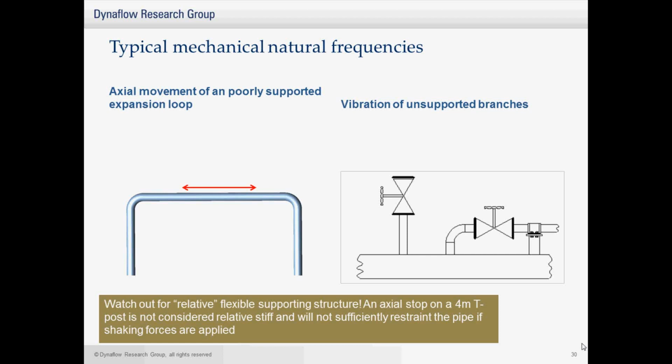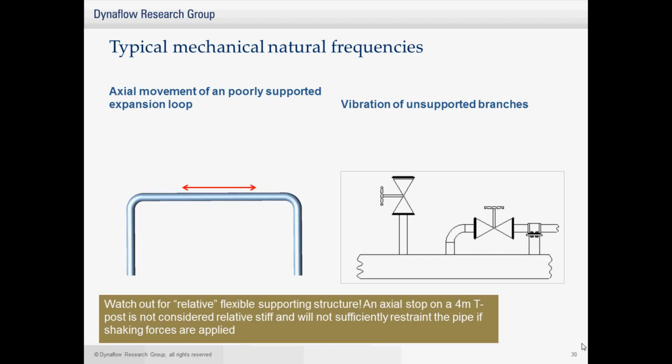Another typical natural frequency from a mechanical point of view is the vibration of unsupported branches. In the picture you see some kind of branched valve. On the left it's unsupported, so that will definitely, or very likely, start to vibrate. On the right you properly support that on your piping itself, and this will definitely eliminate the natural mode.